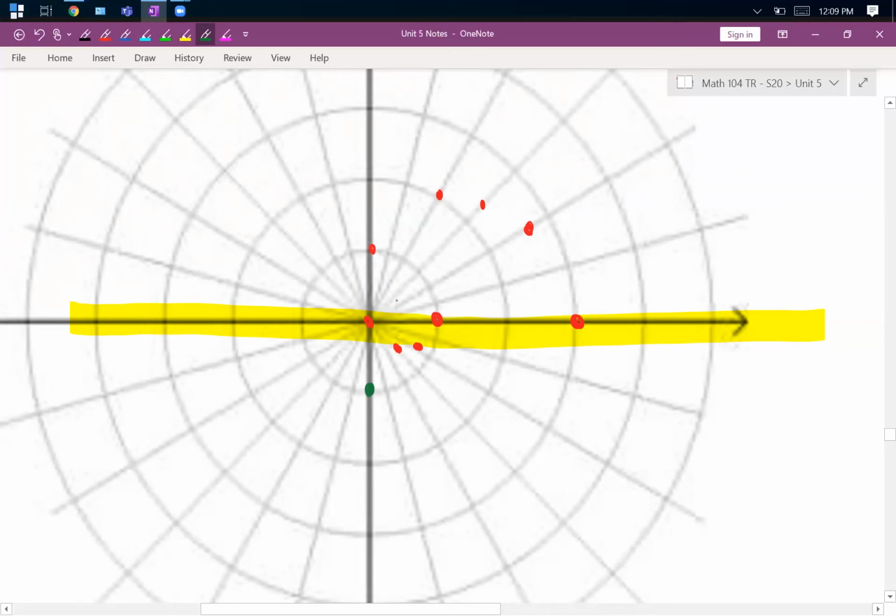This one flips up to be right here. And right here. Now I'm going to flip these points down. That's right at 2. And we get these points. Any questions on getting the points based off of the symmetry?